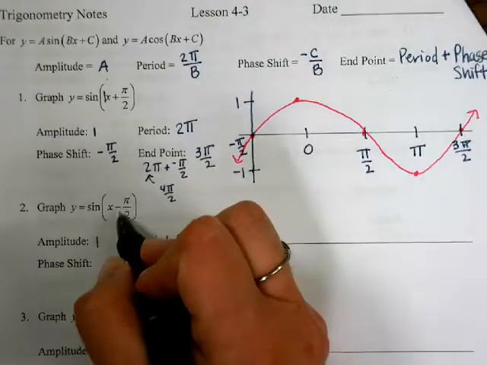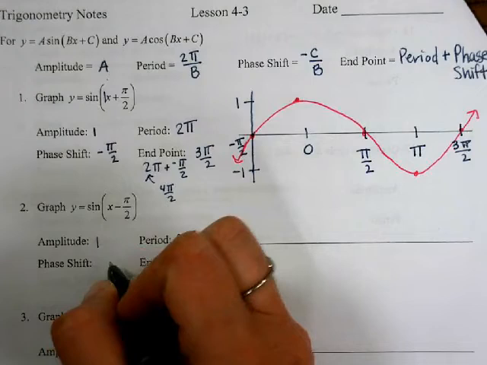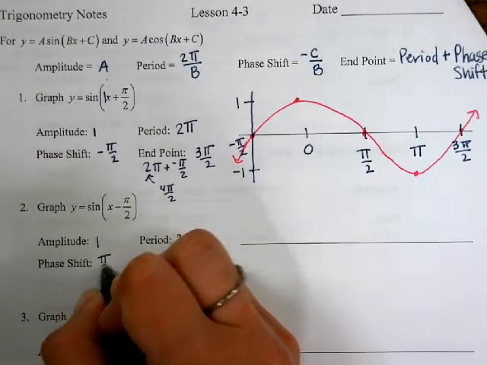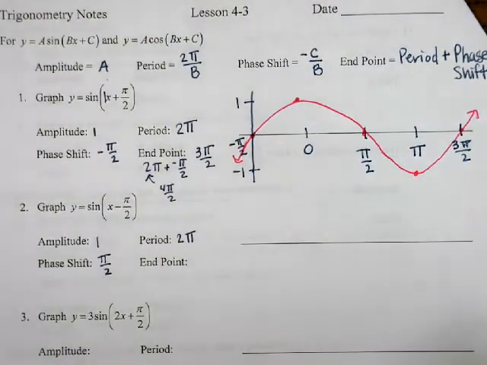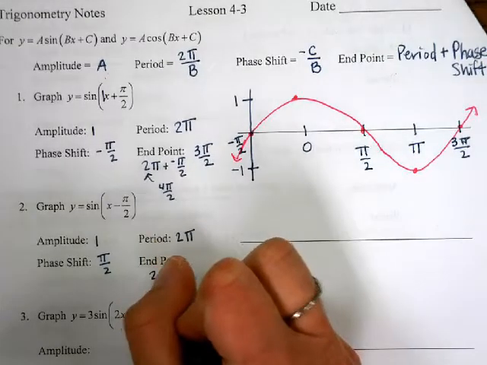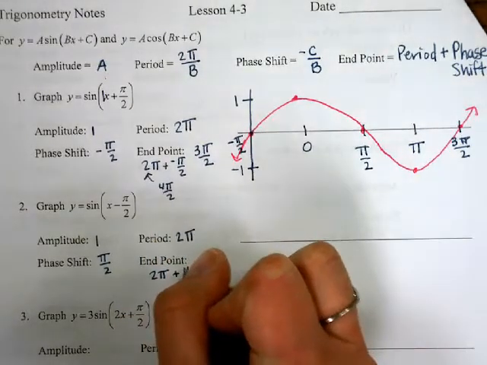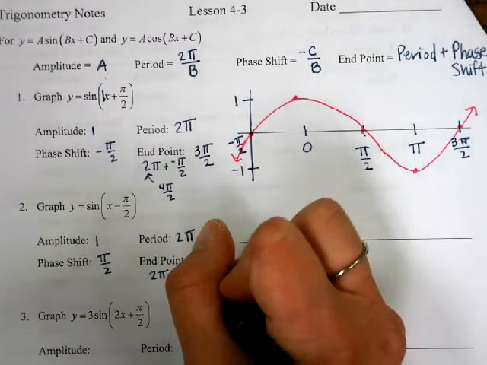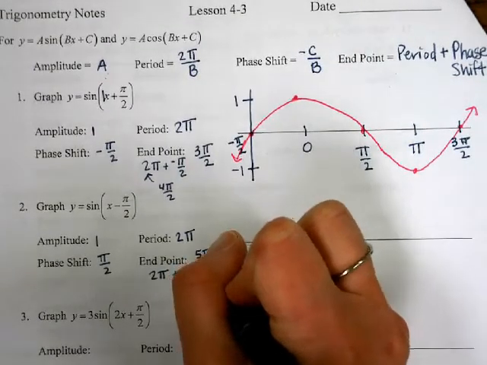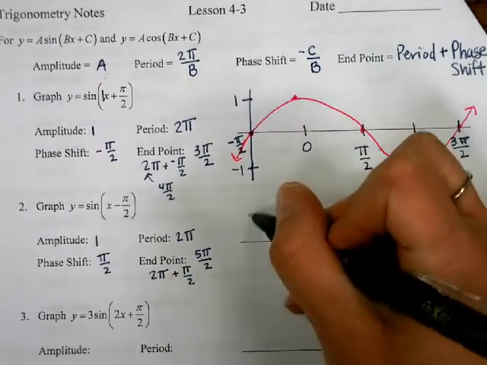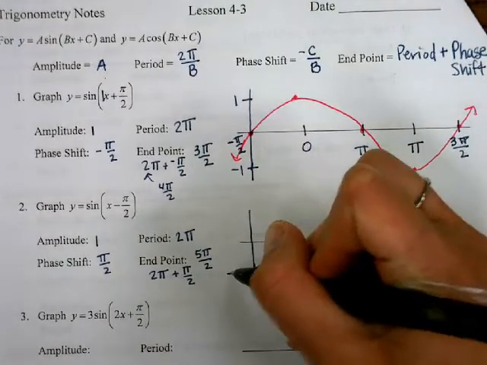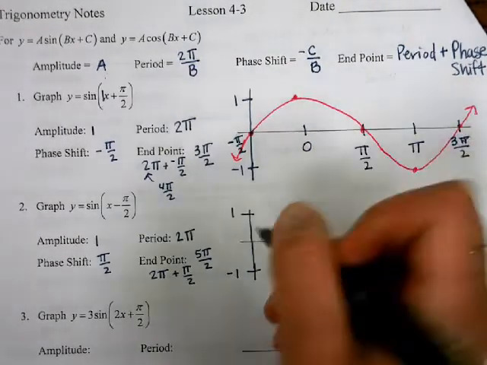Phase shift. Now it's negative c over b, so this one would be positive pi over 2 over 1. So 2 pi plus pi over 2: 4 pi over 2 plus another pi over 2 is 5 pi over 2. Negative 1, 1.